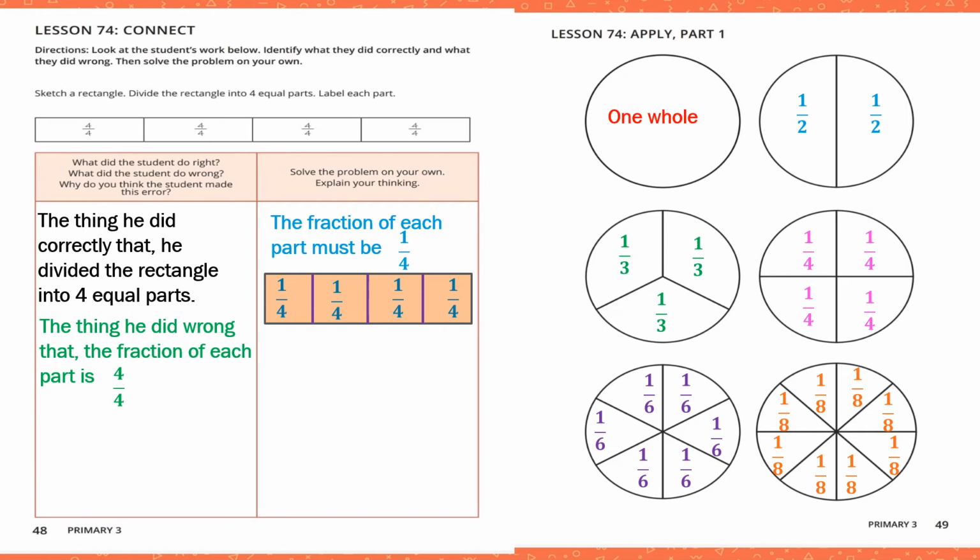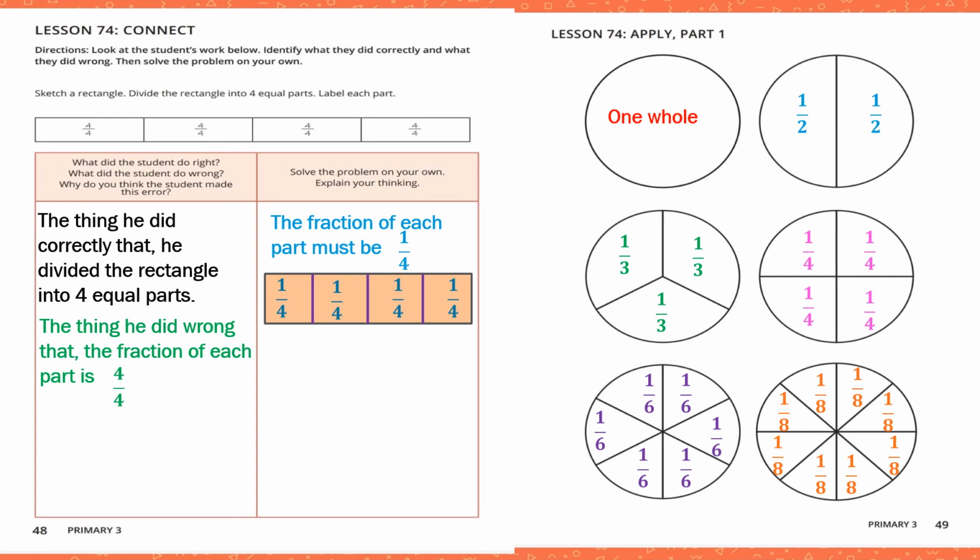Let's notice something. When we divide the same circle between 2 students into 2 parts, each student will take 1/2. But here, when we divide the same circle among 3 students, each student takes 1/3.